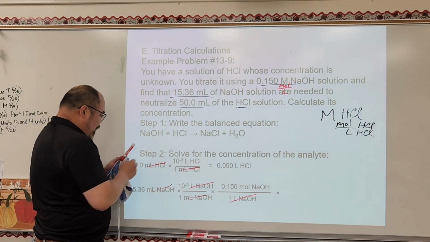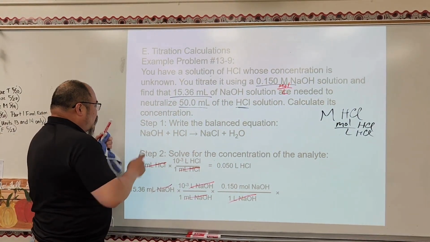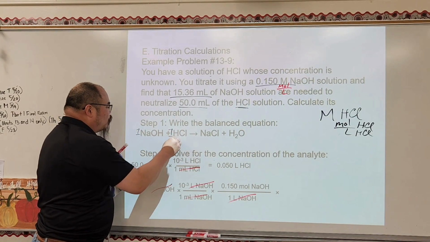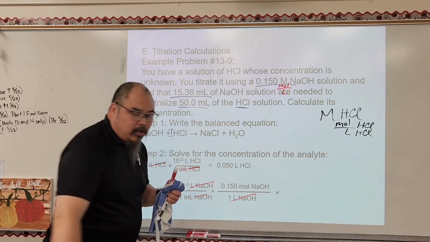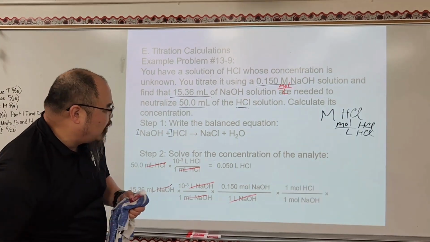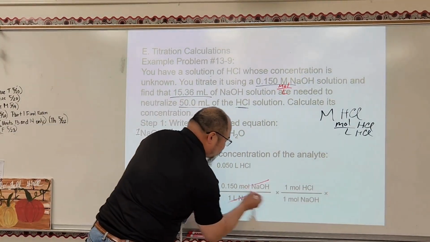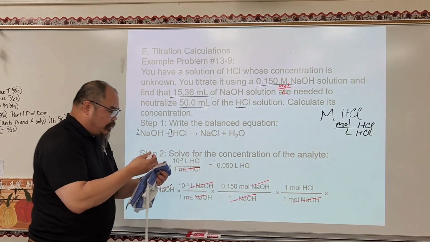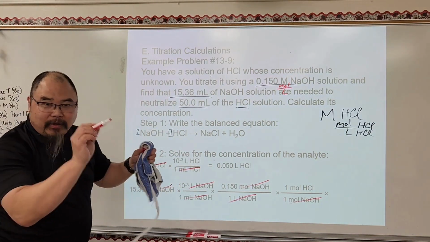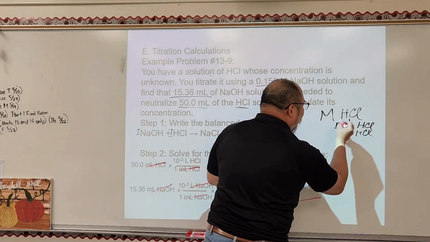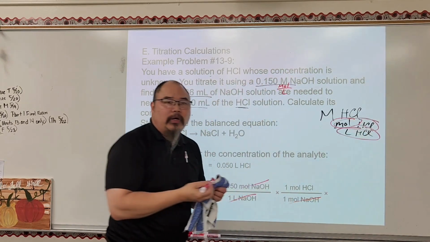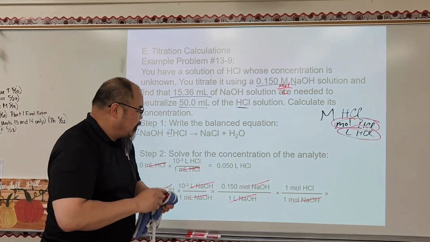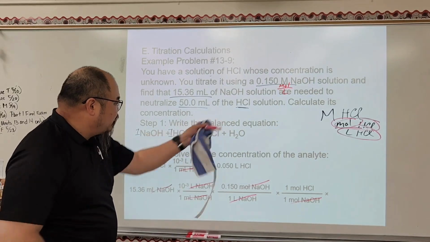This is where our balanced equation is going to come in. We have a 1-to-1 ratio. We don't want sodium hydroxide in our equation, so we're going to put sodium hydroxide on the bottom. Moles of sodium hydroxide cancel out. We got moles of hydrochloric acid. We're partly there. Remember, we're looking for moles of hydrochloric acid over liters of hydrochloric acid, right? So we got moles, good.